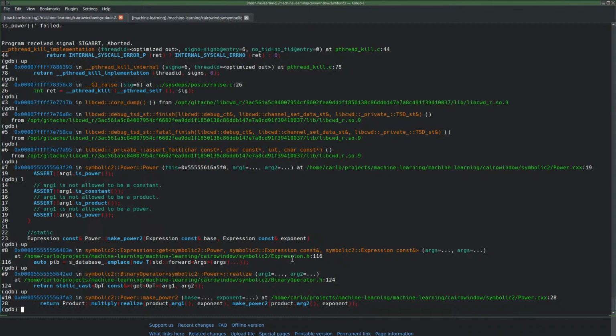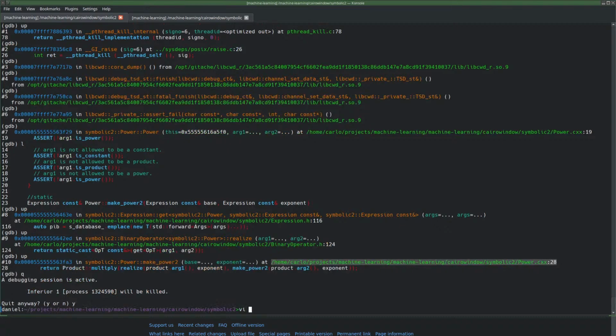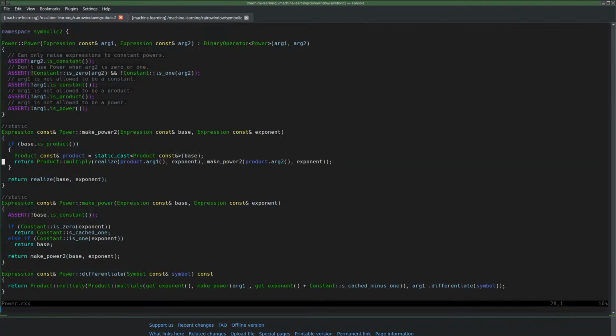It is already a make power 2. Obviously it is. Okay, I have to extend make power 2 to also deal with powers.